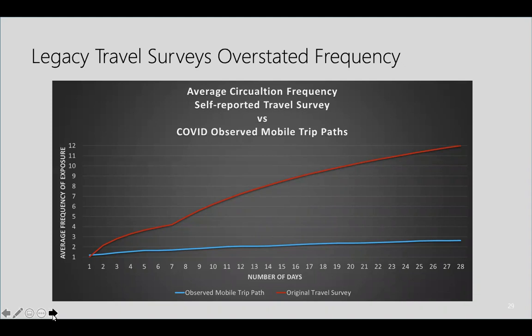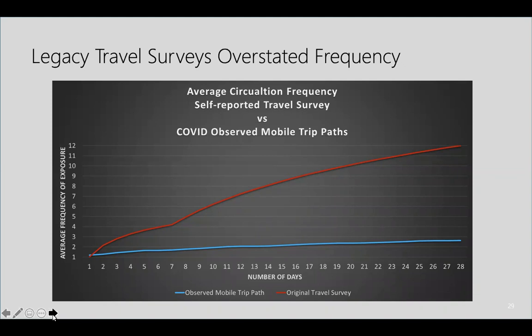Now, I'm not going to speculate as to why there was such a difference of the survey versus what is observed. It could be things based upon the types of individuals that were being interviewed, things of that nature, but we're much more confident, especially looking at hundreds of thousands of mobile devices traveling over time, as to what the frequency of those trips are in the new data.